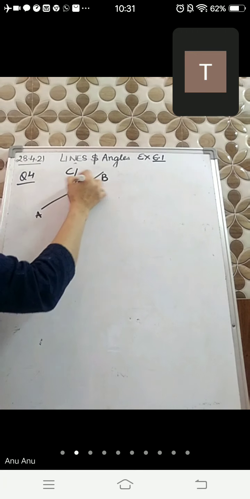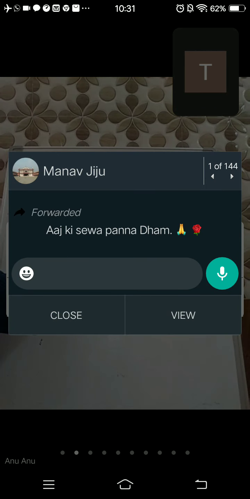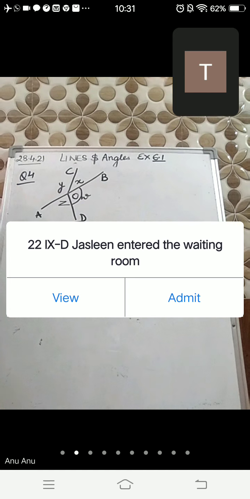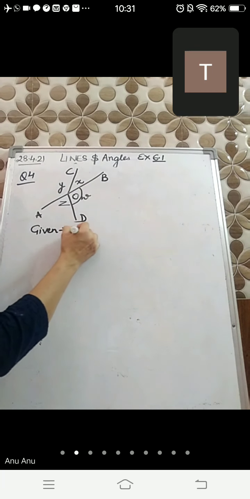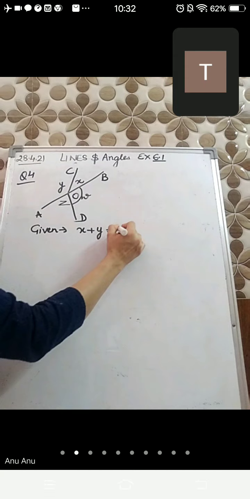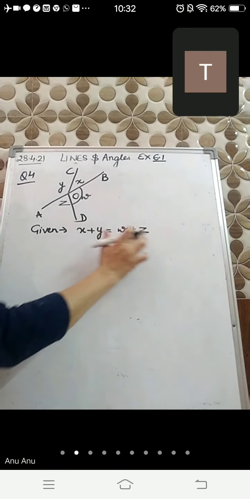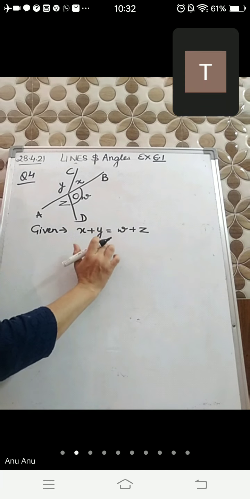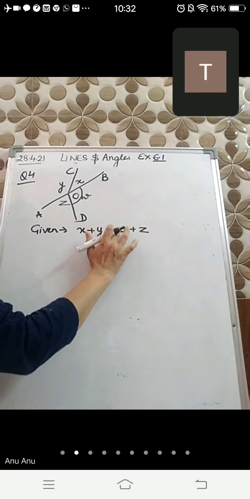Now this is your X, this is your Y, this angle is your Z, this angle is your W. Now, one relation is given to you: X plus Y is equal to W plus Z. The sum of X and Y and W plus Z is equal because it is given in the question.